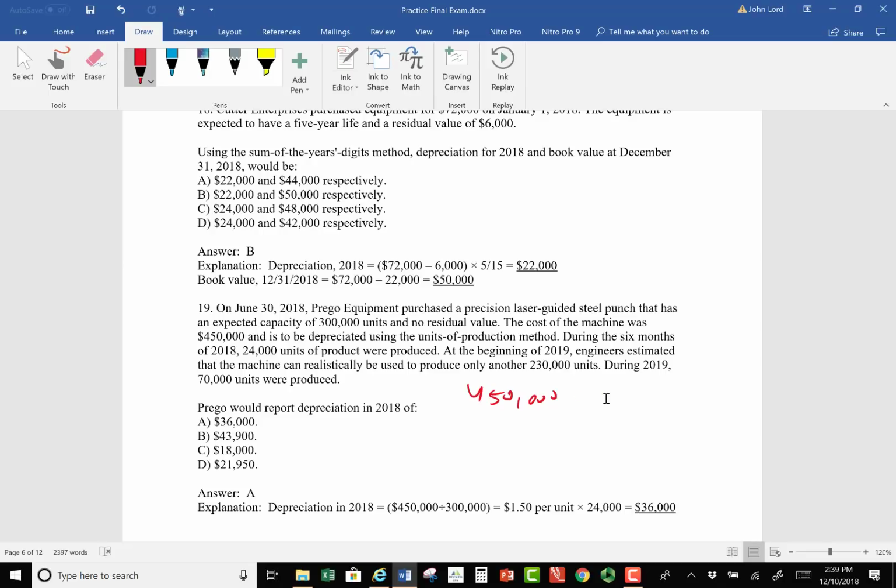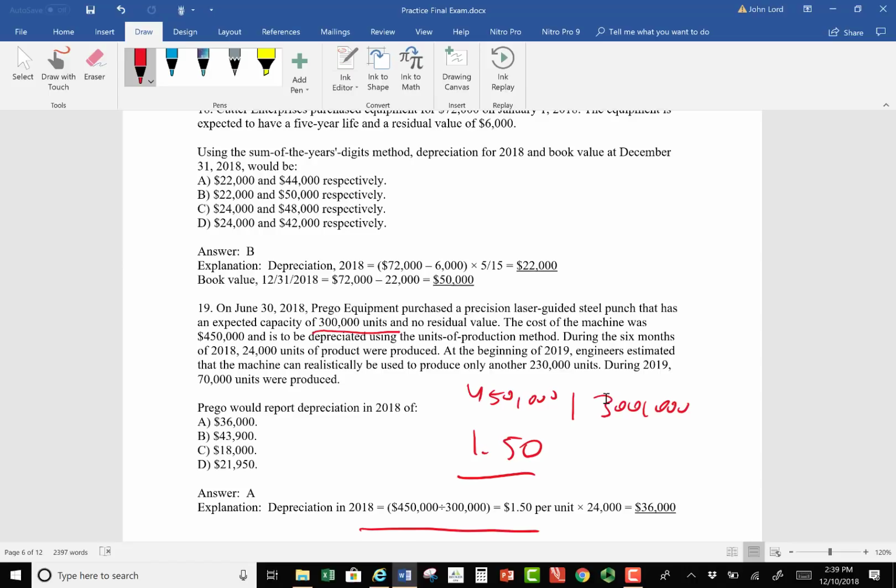No salvage value? Okay, good. So we don't have to worry about that. If there was salvage value, we'd subtract it, right? Then you divide it by the units you think you're going to get out of this thing, which is 300,000. So that gives me $1.50 per unit, which I'm kind of rewriting what's already down here.